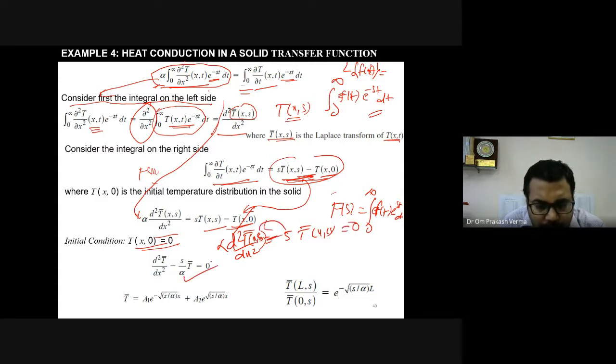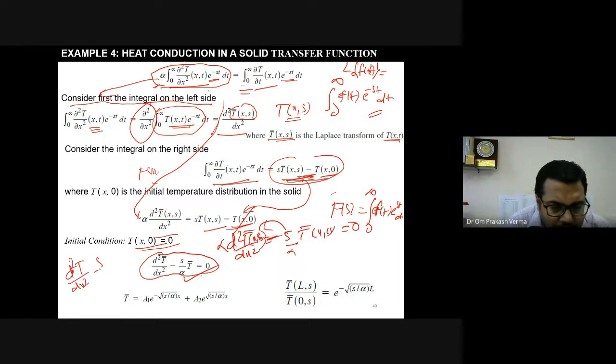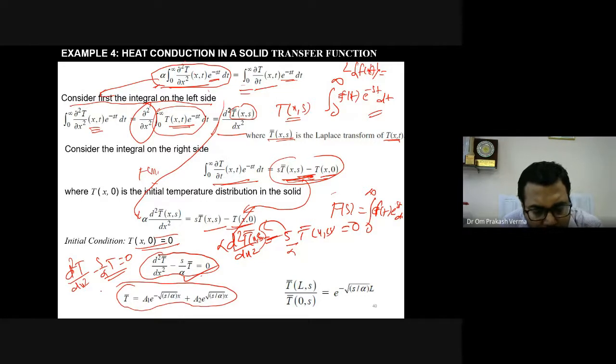Now take alpha as a common factor, so it becomes s by alpha, equal to 0. This is a second order differential equation, and the general solution of the second order differential equation is given in this form.